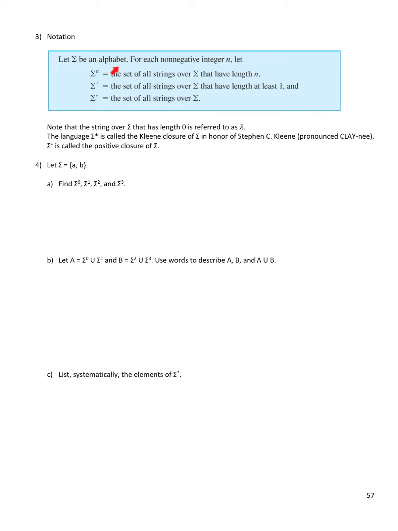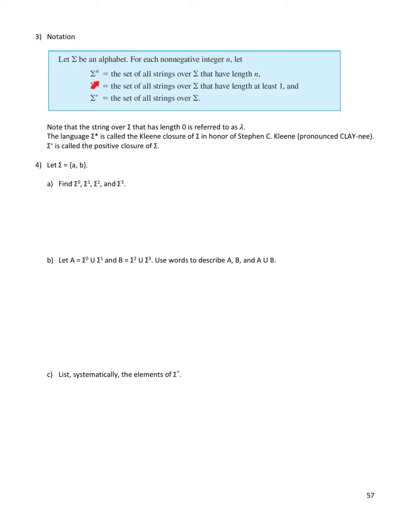If sigma is an alphabet, then for each non-negative integer n, sigma to the n represents the set of all strings over sigma that have length n. And sigma plus is the set of all strings over sigma that have length at least 1. So that means it's excluding a string of length 0, so it's excluding lambda.